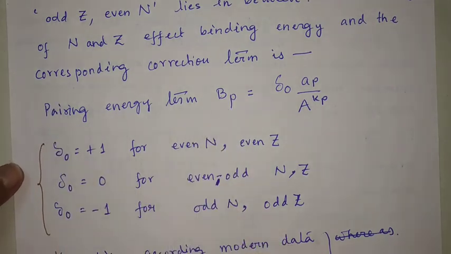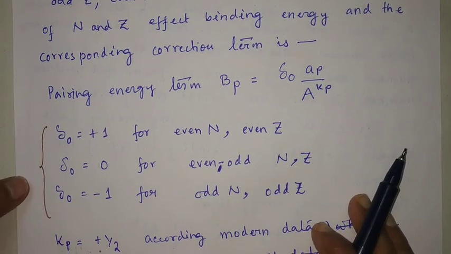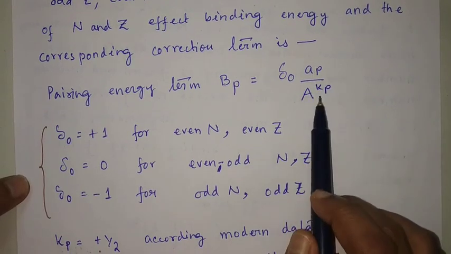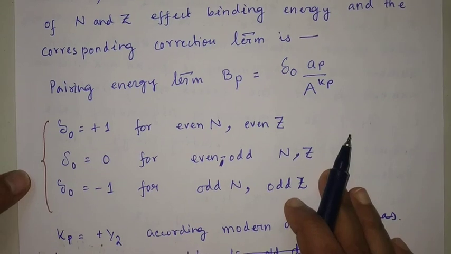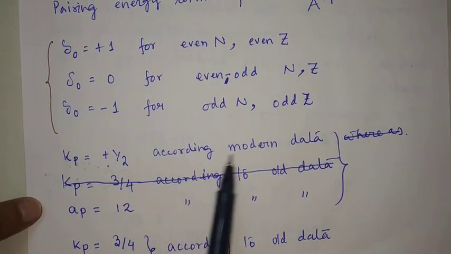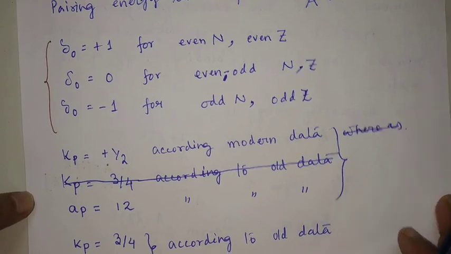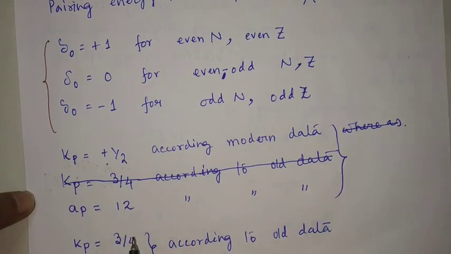And for them the stability will be in between, and the binding energy will also have some intermediate value. Now this KP here, you will find that the values of AP and KP are different. If KP is half, which is according to the modern nuclear data, then AP, the pairing energy coefficient, will have a value of 12.